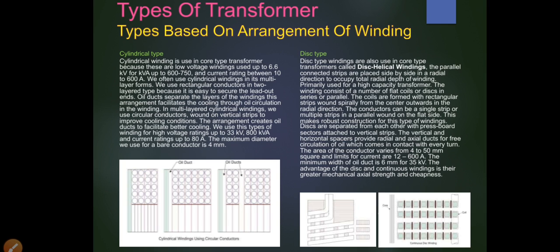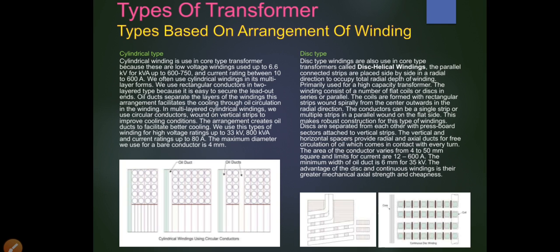The minimum width of the oil duct is 6 mm for 35 kilovolts, previously 4 mm for 33 kilovolts. The advantage of the disc and continuous winding is their greater mechanical axial strength and cheapness. Compared to that, the cylindrical type is costlier, and the disc type has maximum robustness, that is, mechanical axial strength.